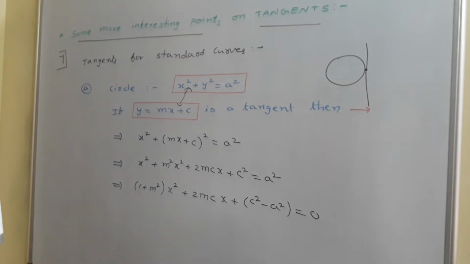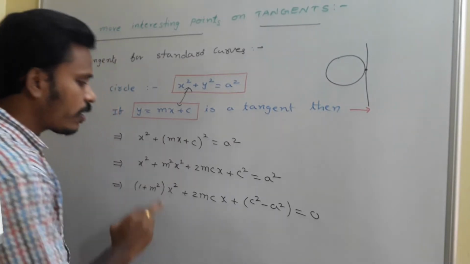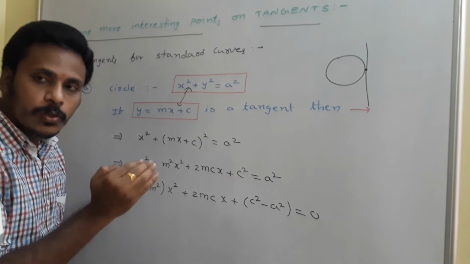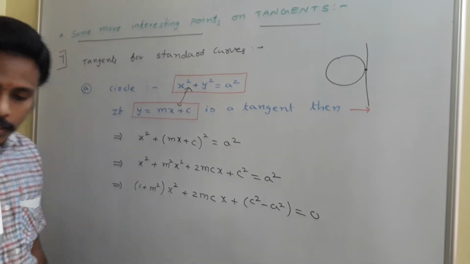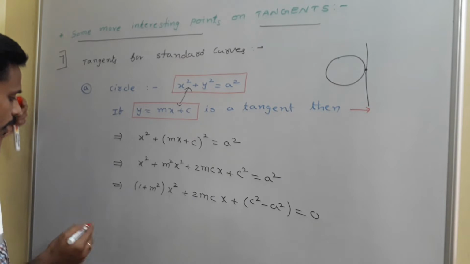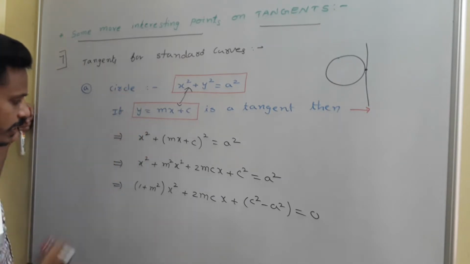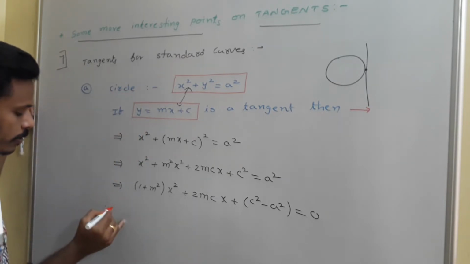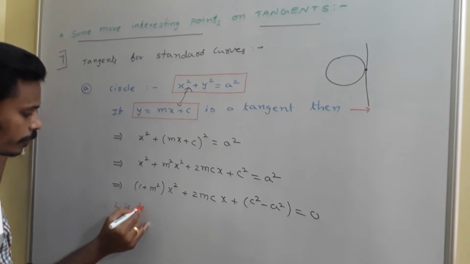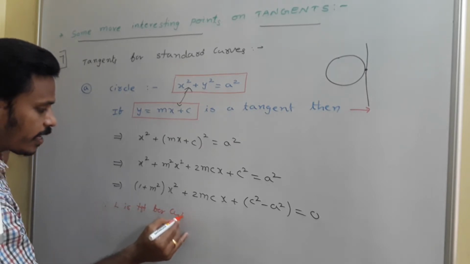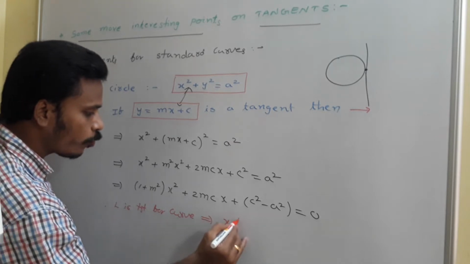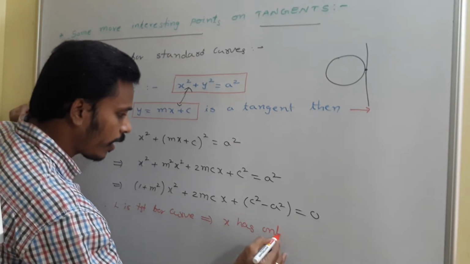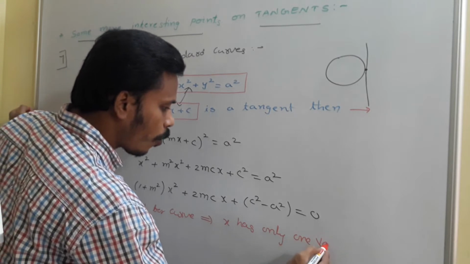As I mentioned, since the line is a tangent for the circle, I have to get only one value for x. In the sense, this quadratic equation has only one solution. Since the line is tangent for the curve, x has only one value.